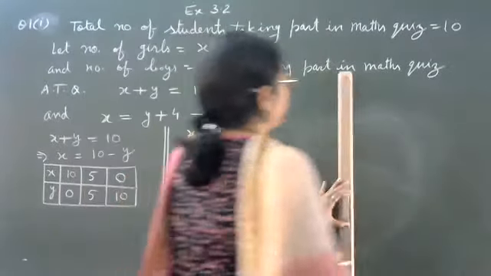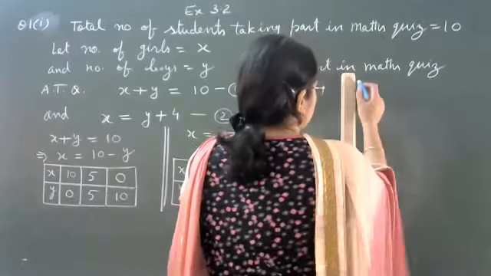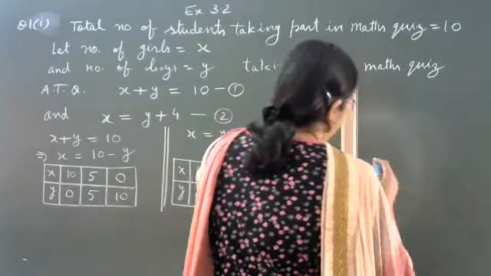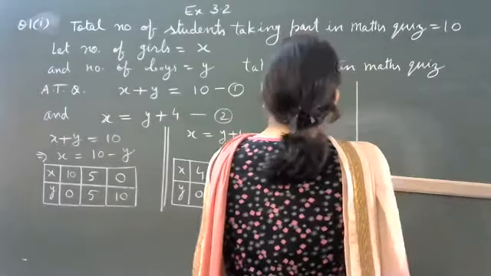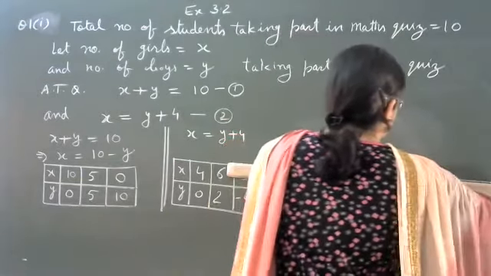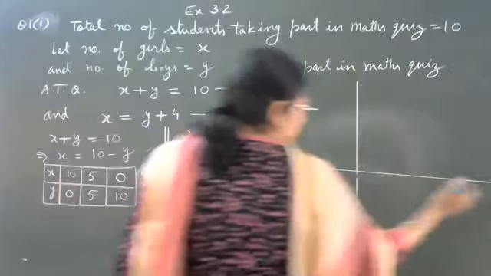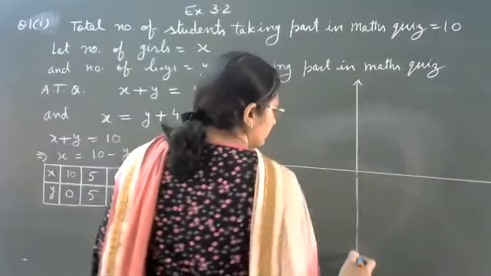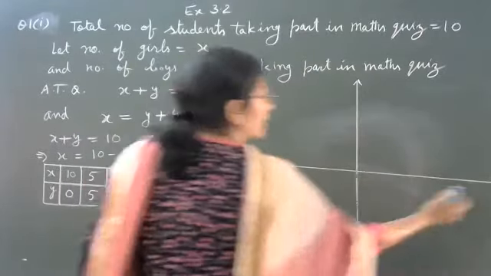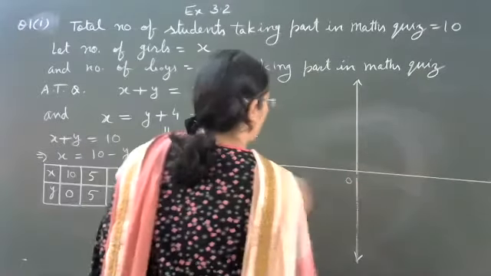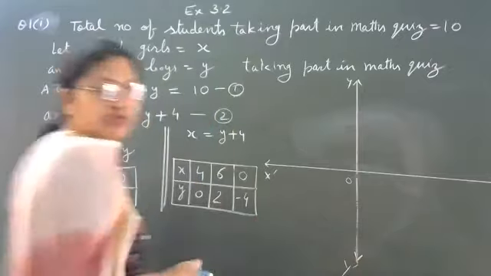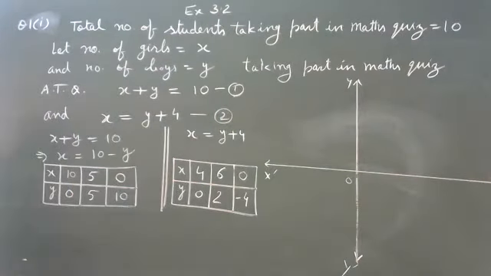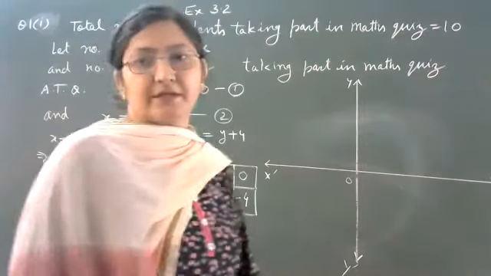On the graph paper, plot the coordinate axes, x-axis and y-axis, XOX dash, YOY dash. Take the scale of your own choice.